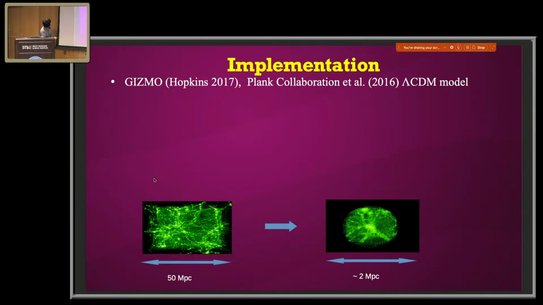Our simulation uses the GIZMO code, which is an N-body hydrodynamic code, and we use cosmology parameters from Planck 2016. To save time, we run zoom-in cosmological simulations, which means first we run a low resolution dark matter only simulation in a larger volume, and then we pick the halo we are interested in and zoom in on this halo in a small volume.